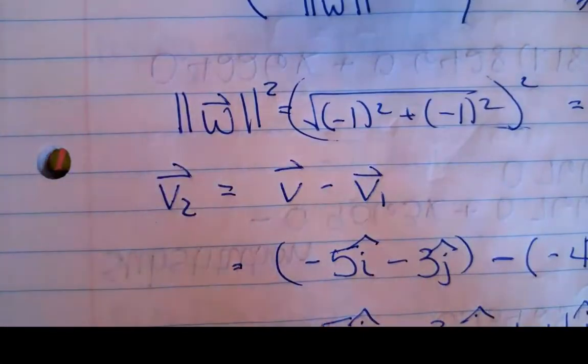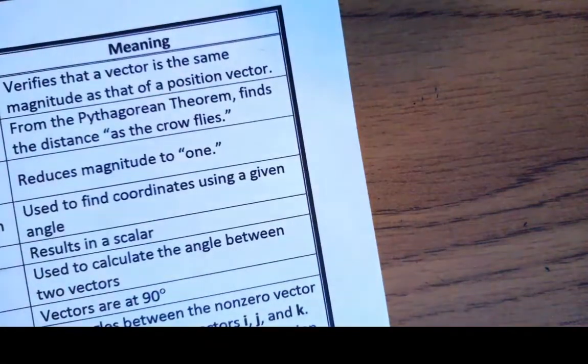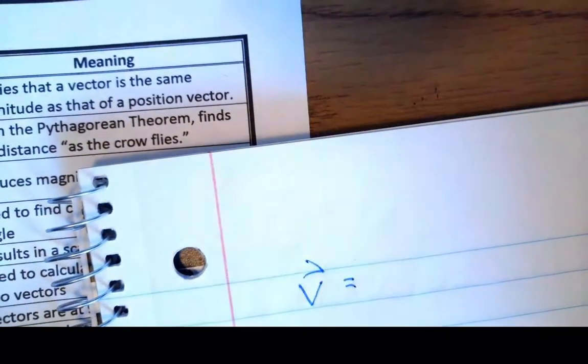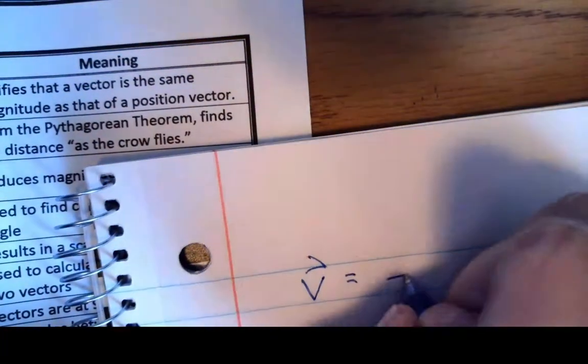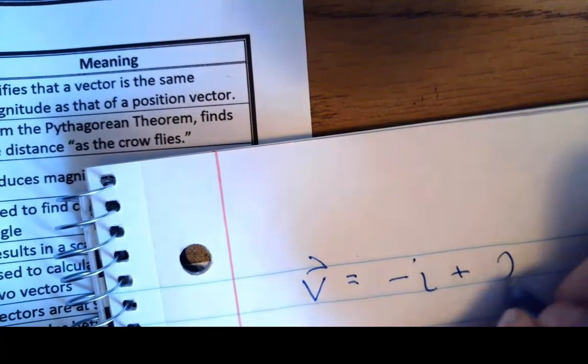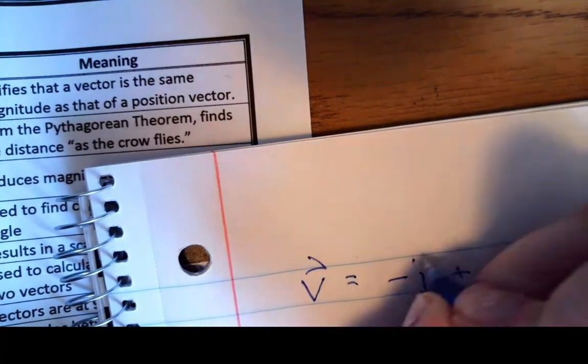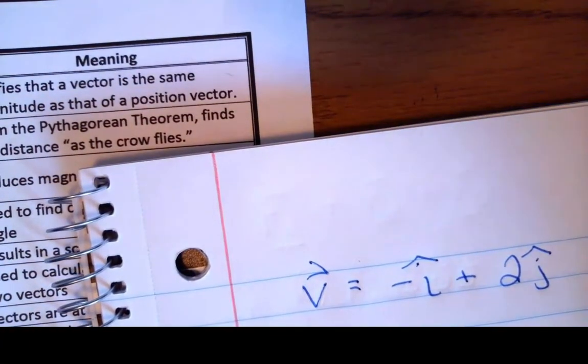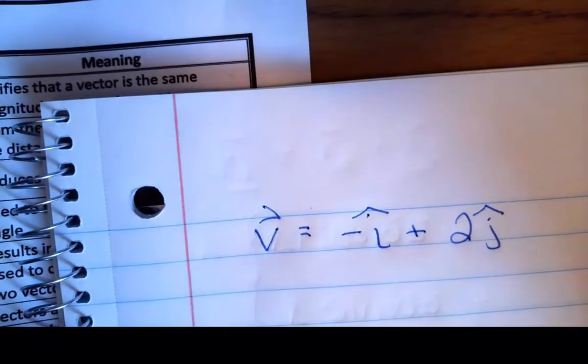Okay, so let's try it one more time. So I'm going to decompose a vector. So I have vector decomposition: v is going to be negative i plus 2j, and w is going to be negative i minus j.